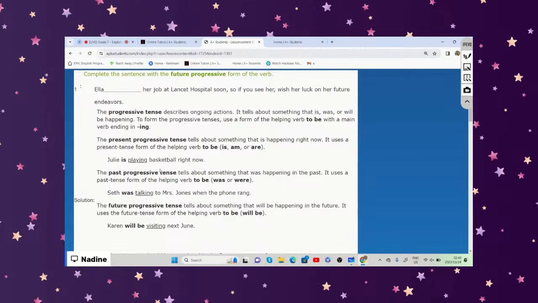Similar to the present progressive tense, we use was to refer to a singular person or thing, and we use were if we are referring to more than one person or thing. For example, Seth was talking to Mrs. Jones when the phone rang.